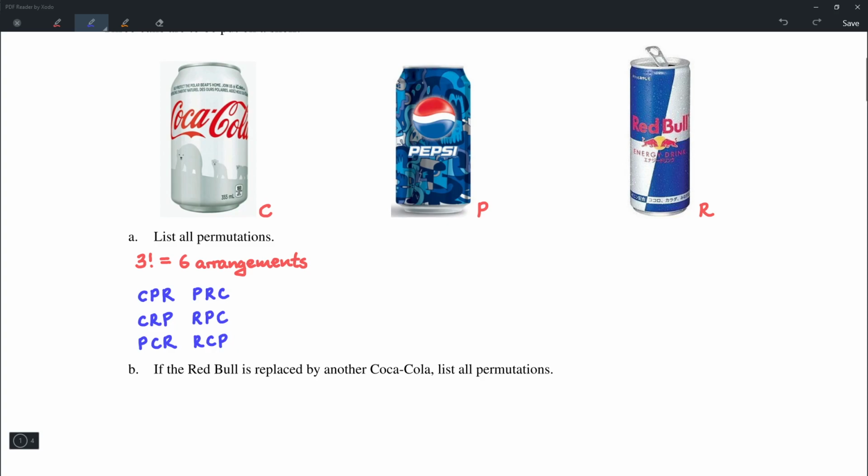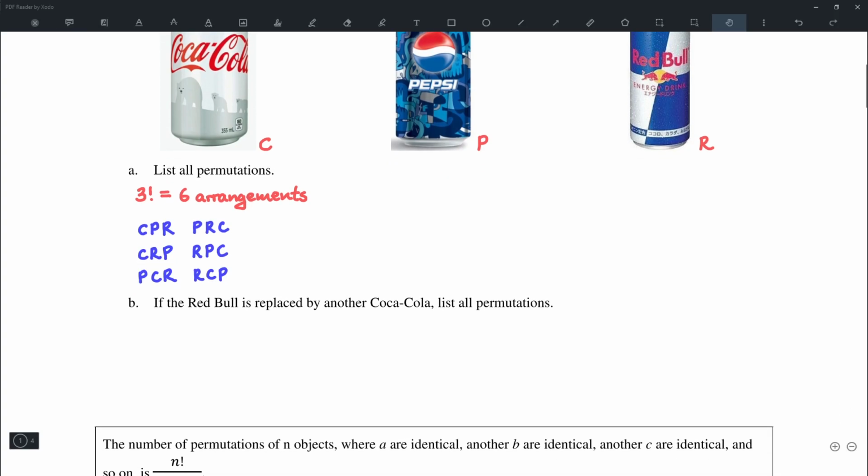Now suppose R was replaced by another C, then we have the following.